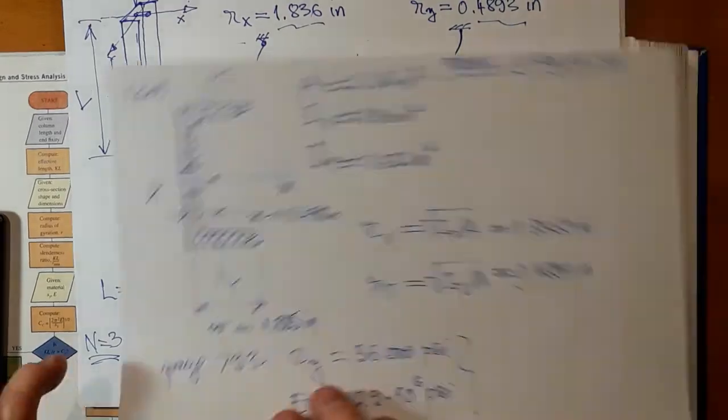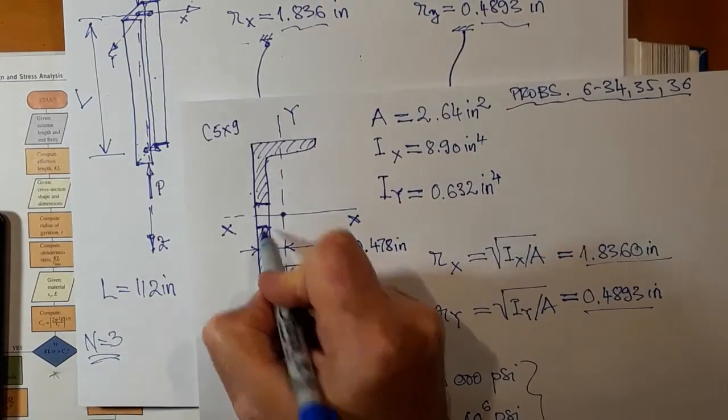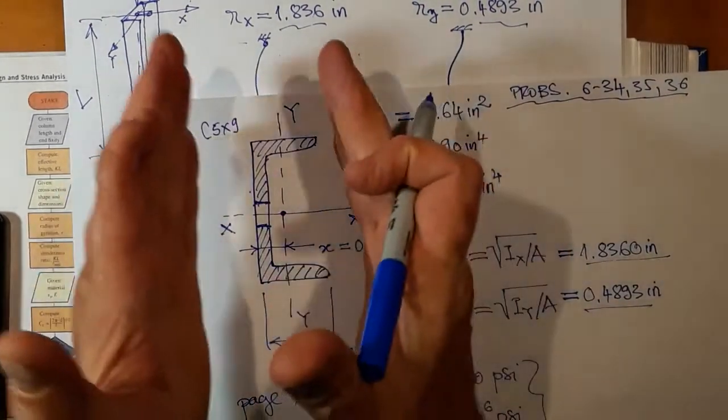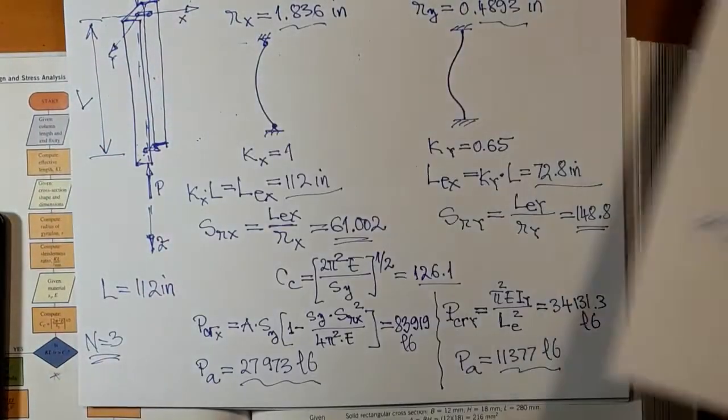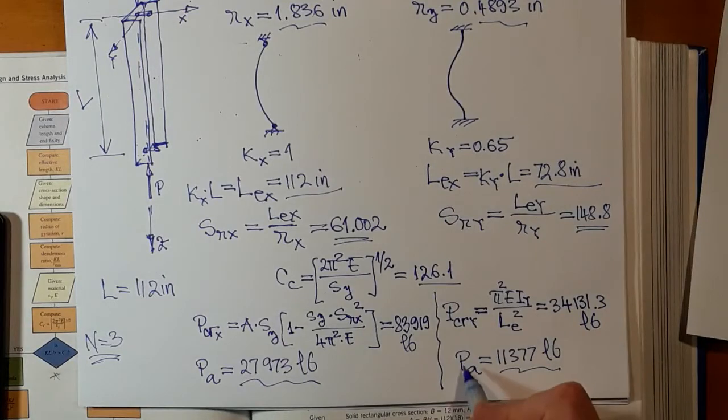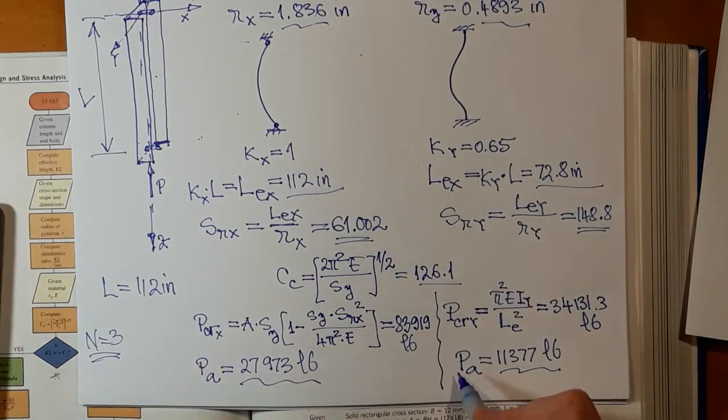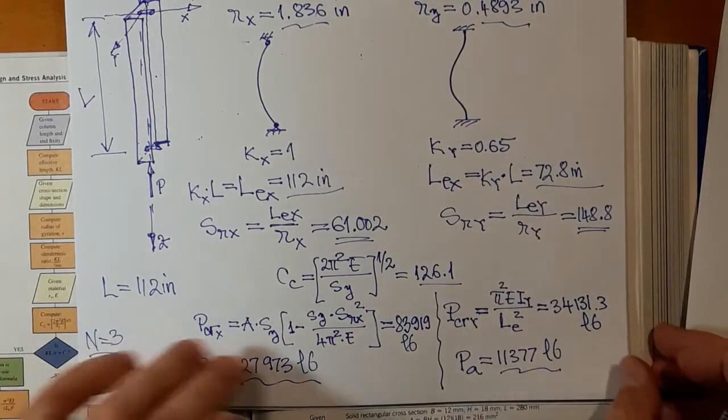So buckling will happen this way. All right, so we solved problem 34.